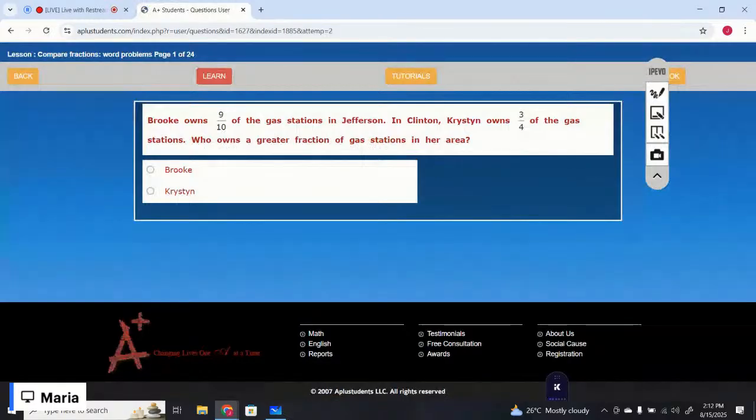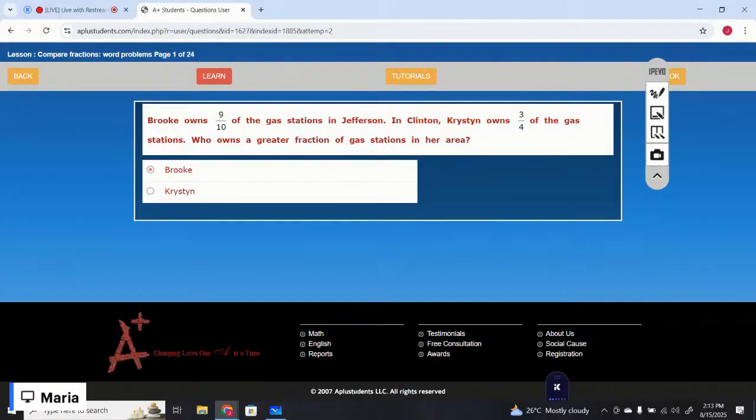Brooke owned 9 by 10 of the gas stations in Clinton. Chris owned 3 by 4 of the gas stations. Who owns a greater fraction of gas stations in her area? So, which is the correct option? That is Brooke. 9 by 10 is greater than 3 by 4. The correct option is Brooke.